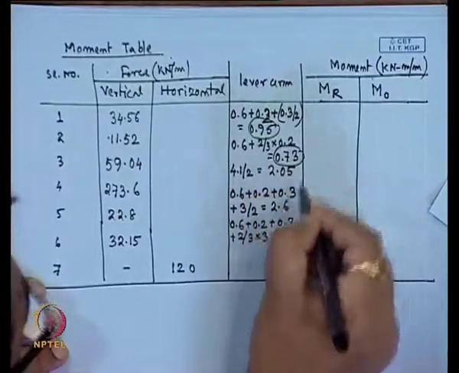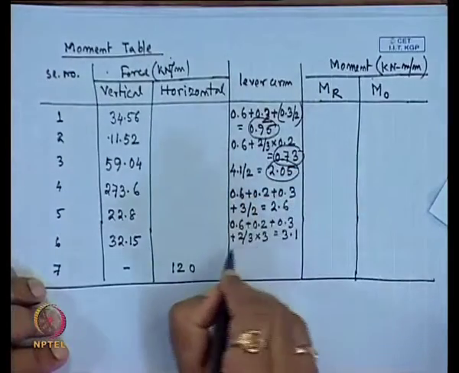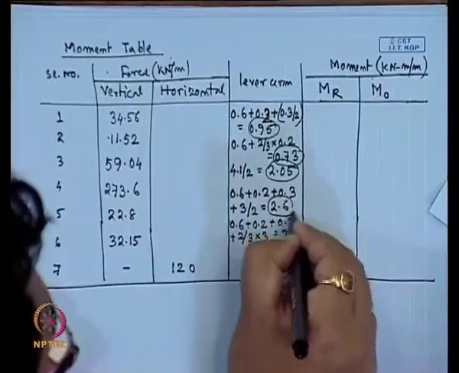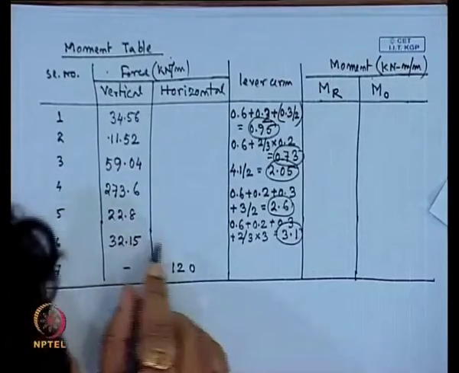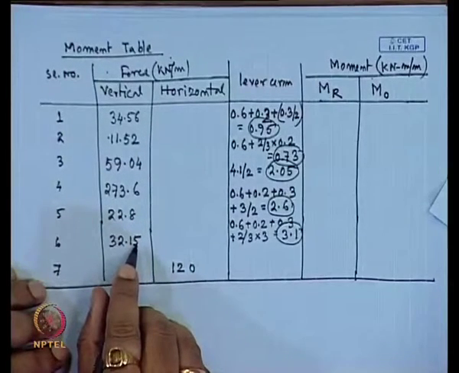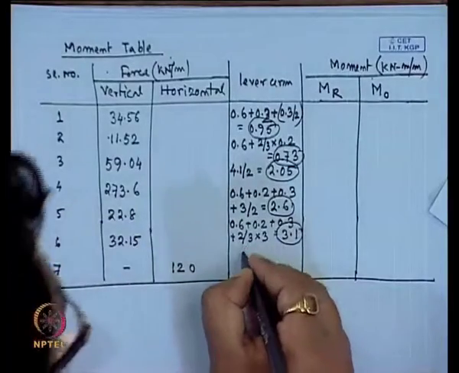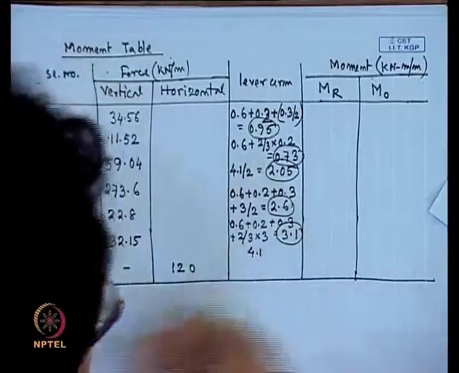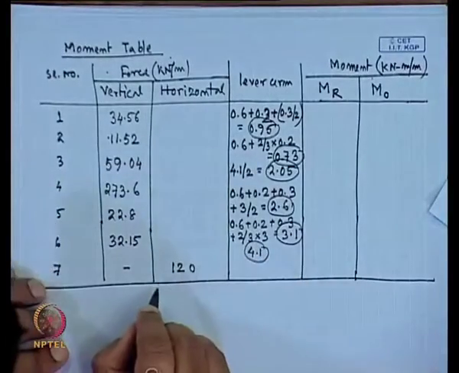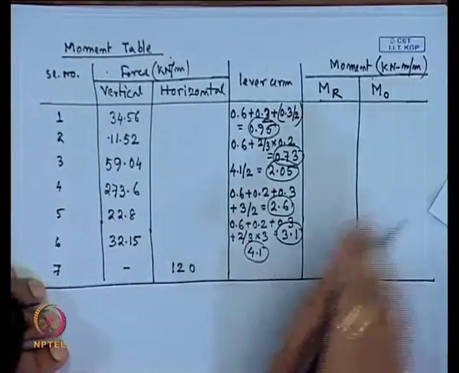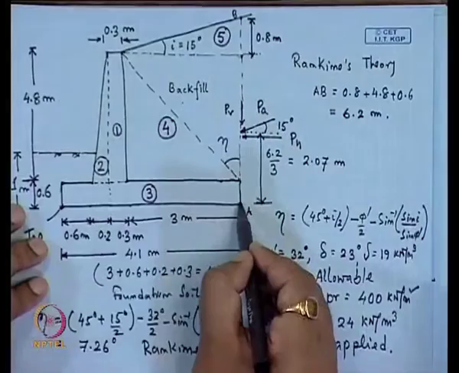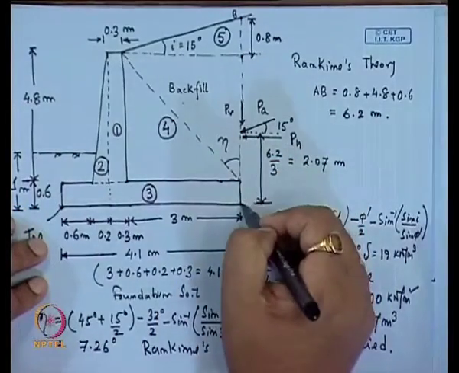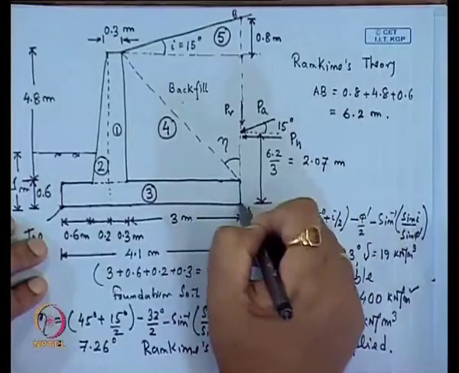So these are the lever arm values: 0.951, 0.73, 2.05, then 2.6, then 3.1. And the sixth one acts vertically at a distance of 4.1 meter from the toe, and the horizontal force will act 2.07 meter from the toe.